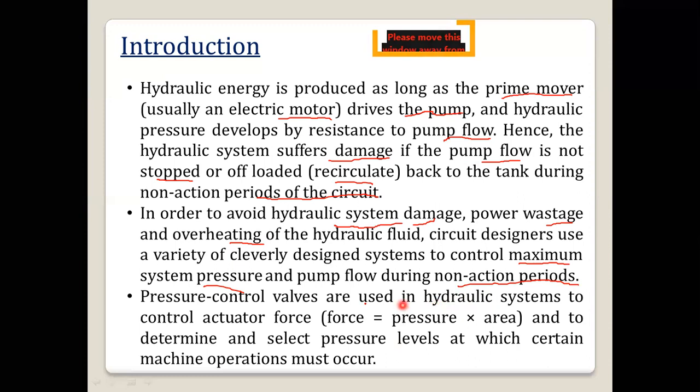Normally pressure control valves are used in the hydraulic system to control the actuator force. Force is equal to pressure multiplied by area. So pressure control valves are used to control the actuator force and to determine and select pressure levels at which certain machine operations must occur.